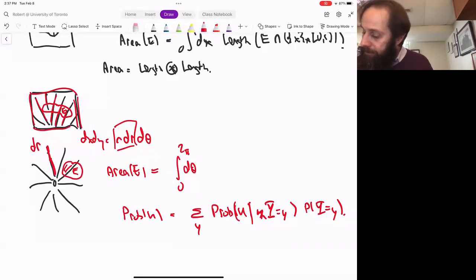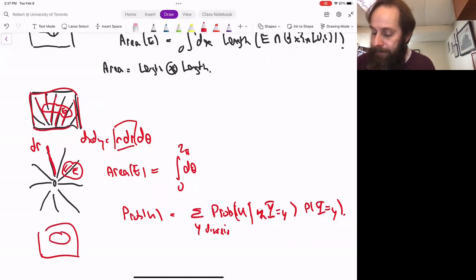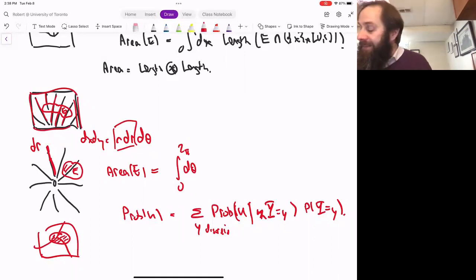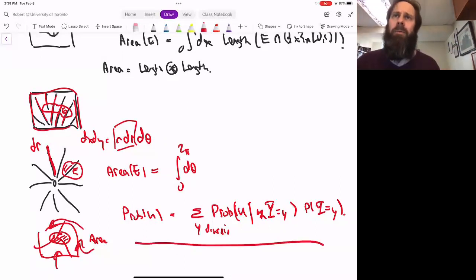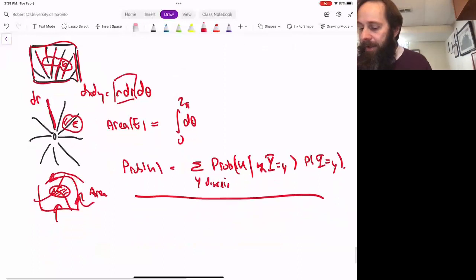So if I wanted to partition E into a finite number of sets, then it's pretty clear that I could get the total measure of E just by adding up the measure in each of the three sets. I would just restrict area to each of these three sets, and somehow that's what this formula is telling me. Now I want to do it for an uncountable number of things, and it's not quite as straightforward anymore. That's what this theorem allows me to do.